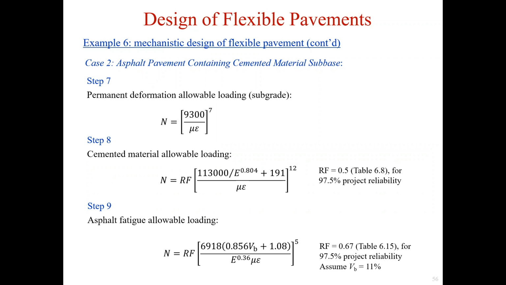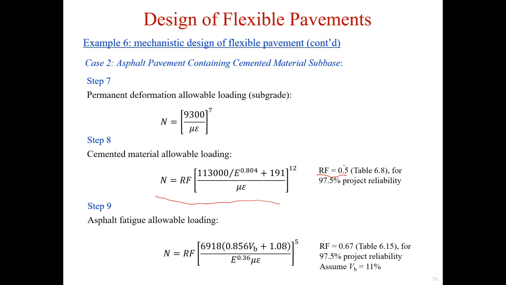Step 7 is to adopt the subgrade strength criterion. Step 8 is to determine fatigue criteria for cemented materials using this formula. We are referring to table 6.8, reliability factor RF equal to 0.5 for 97.5 project reliability.